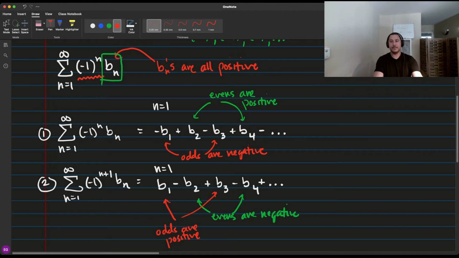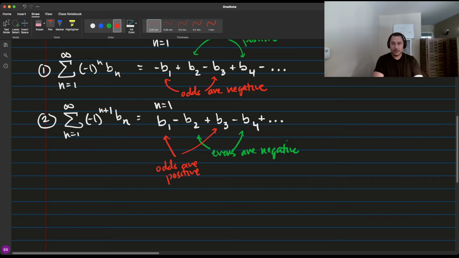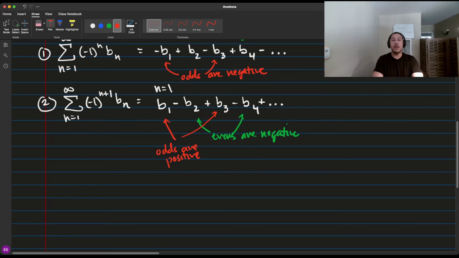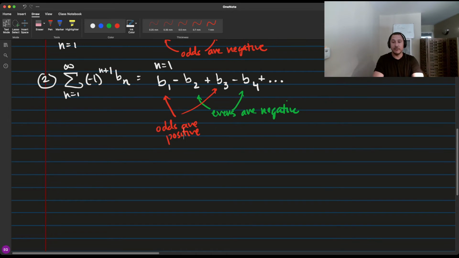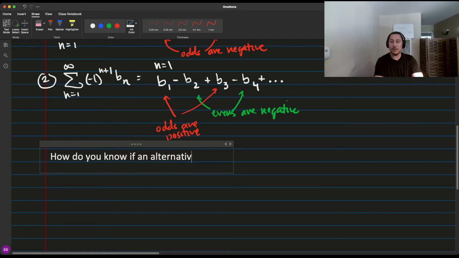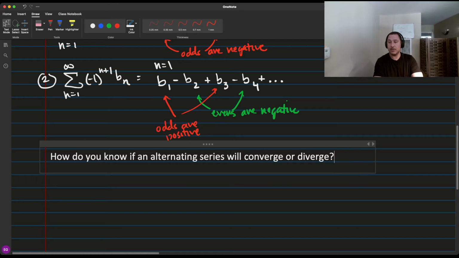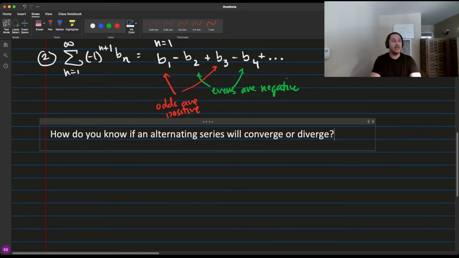Now, how do you know if an alternating series will converge? Okay, so there's something called the alternating series test.